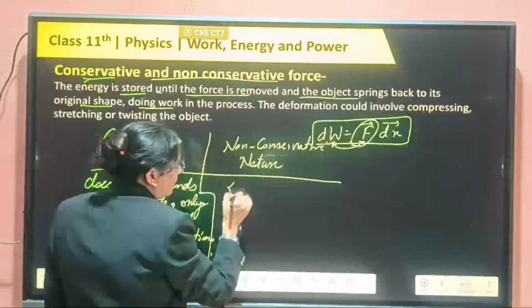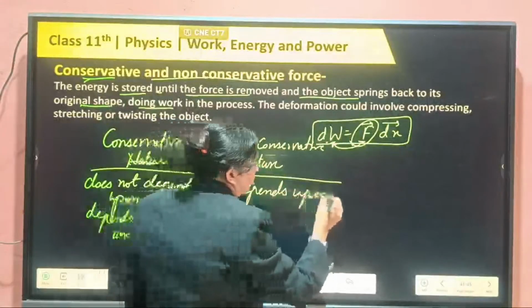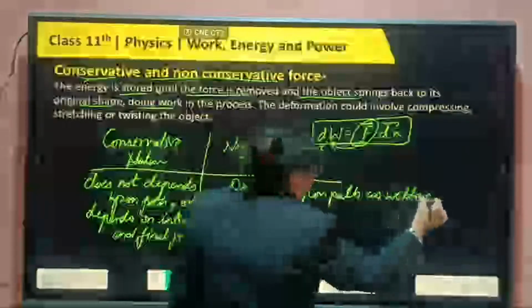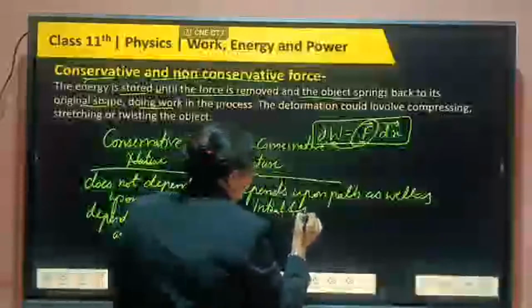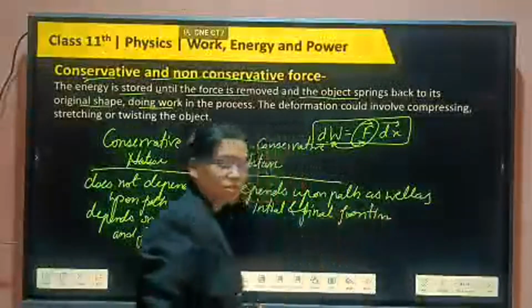But here non-conservative depends on the path, not only on the initial and final position. For example, बेटा, friction.